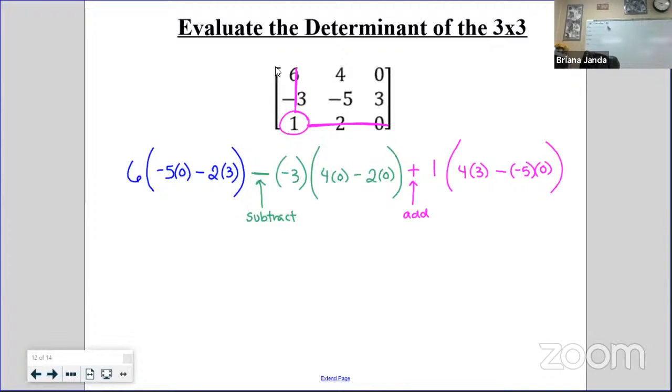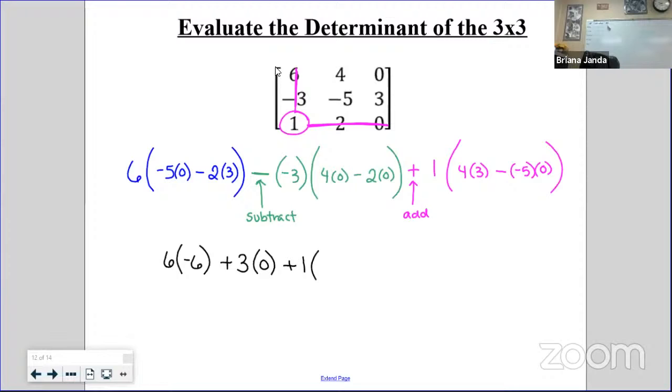And then all we have left to do is clean that up, which again is why I may suggest a scientific calculator, or hope I get through my mental math okay here. So this would be 6 times 0 minus 6, minus a negative is plus, 0 minus 0 is 0.